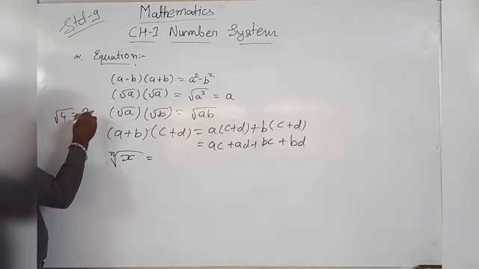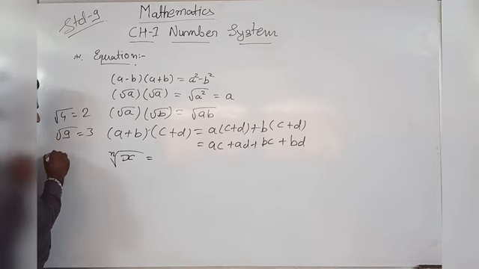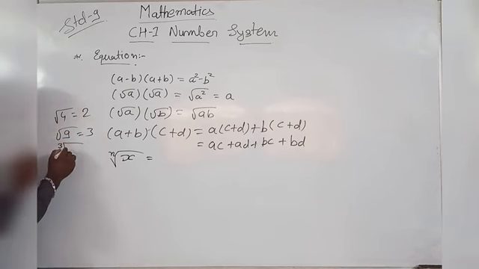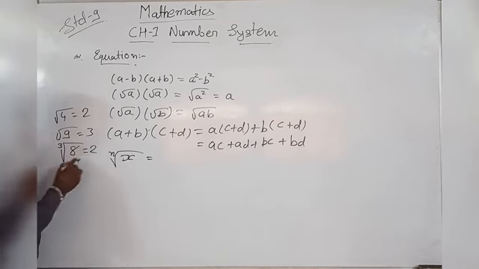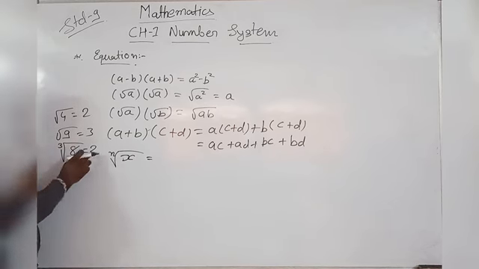What will be the answer? 2. Again I want to do the square root of 9, that is 3. Cube root of 8, the answer will be 2. Why? Because 8 is equal to 2 cube, 2 multiply 2 multiply 2. So that is 2 cube, then cube and cube root cancel, so the answer will be 2.